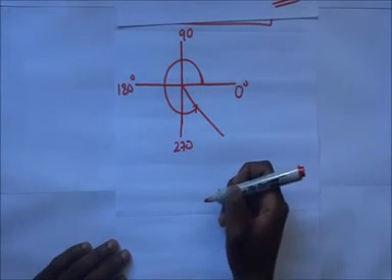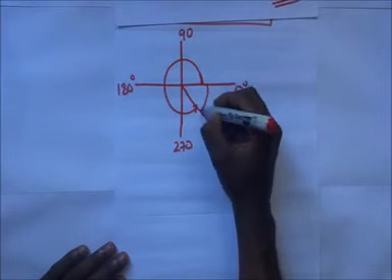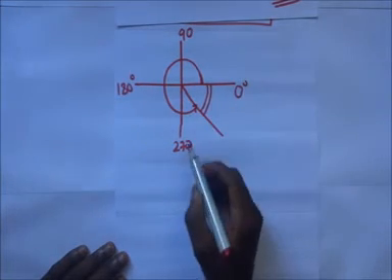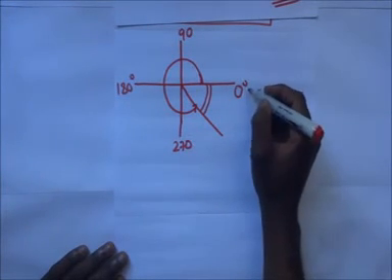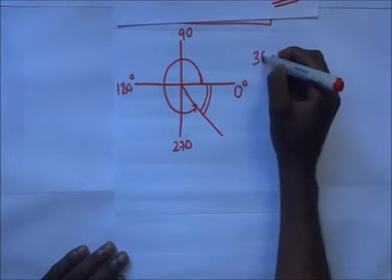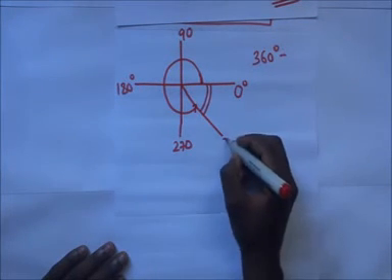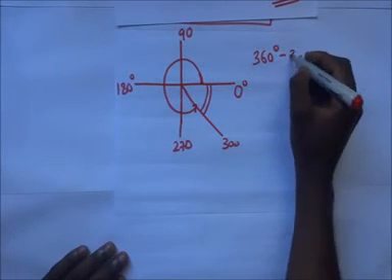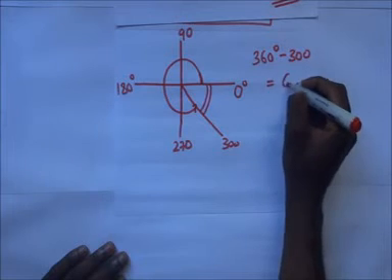If 300 degrees is lying within the fourth quadrant, what angle has remained? It is going to be 360 degrees minus this 300, and then you remain with 60 degrees.